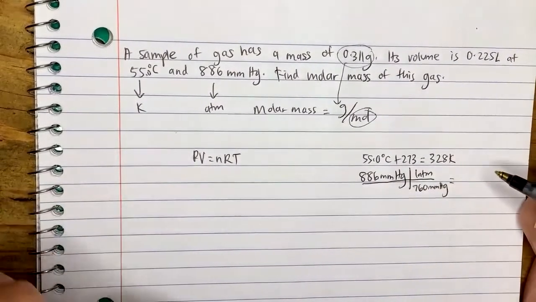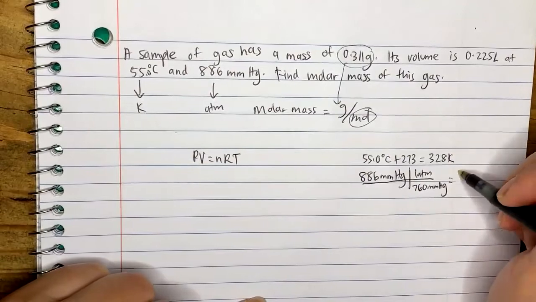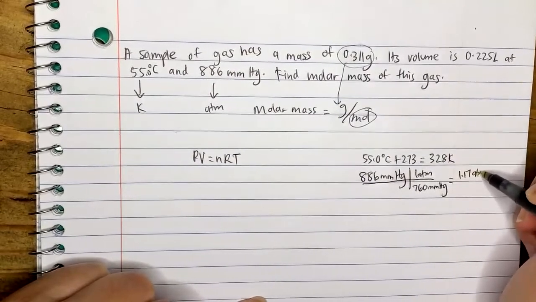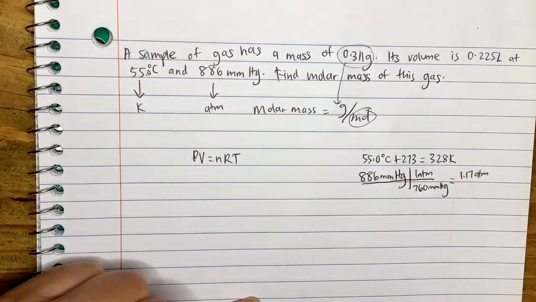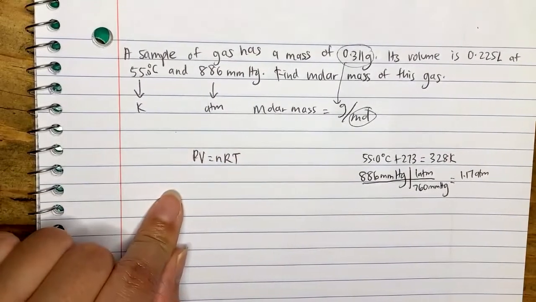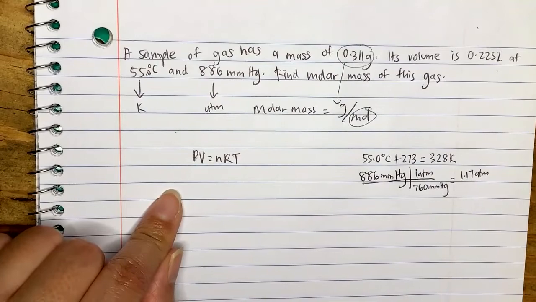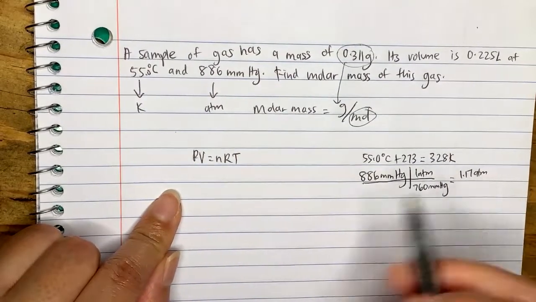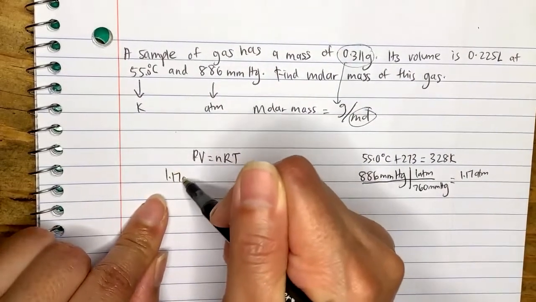That is going to equal 1.17 ATM. Okay, now that we have the ATM and Kelvin converted, we can go ahead and plug it in here. Okay, P is 1.17 ATM.